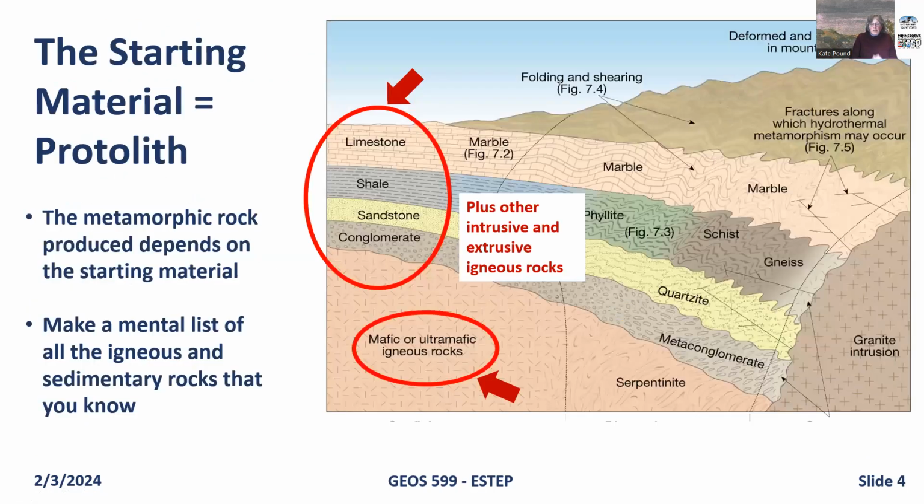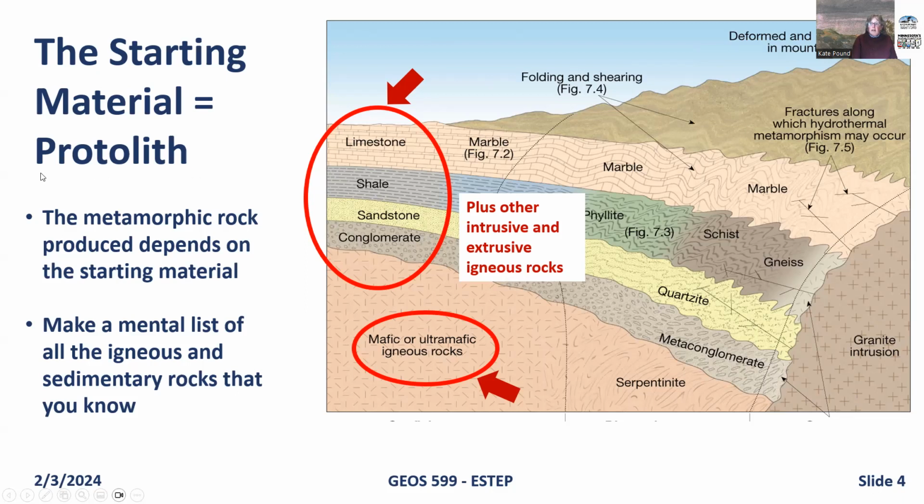So when we're thinking about metamorphic rocks, I want you to just focus on the text over here first. What's really important is whatever the starting material was, because that controls the type of metamorphic rock that will form. And there's a fancy word we use for the starting material.